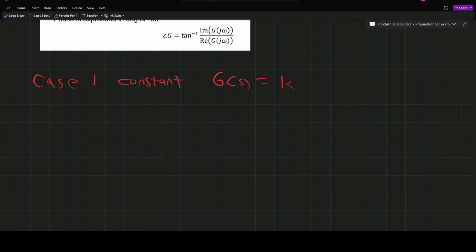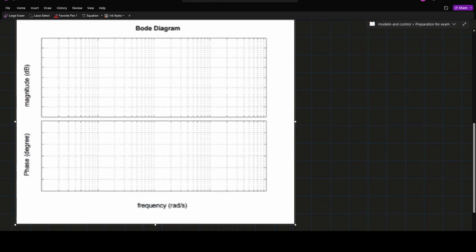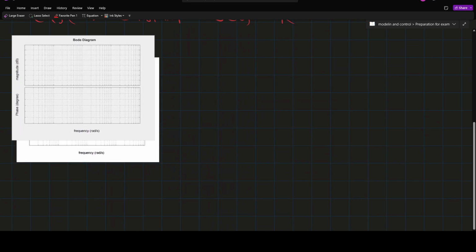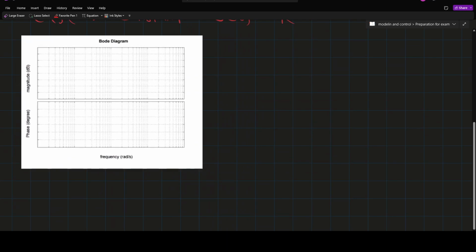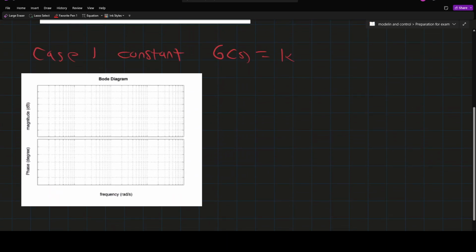and we're gonna see what is the both load of this. The gain in dBs is gonna be equal to 20 log of the magnitude of k.